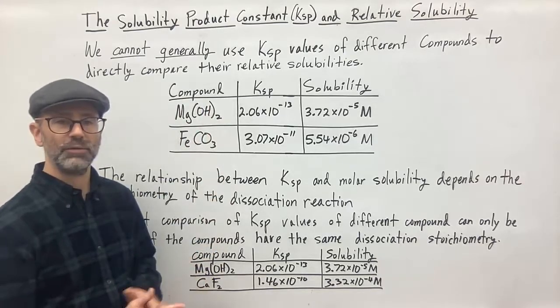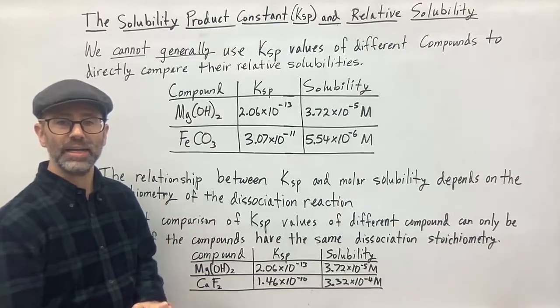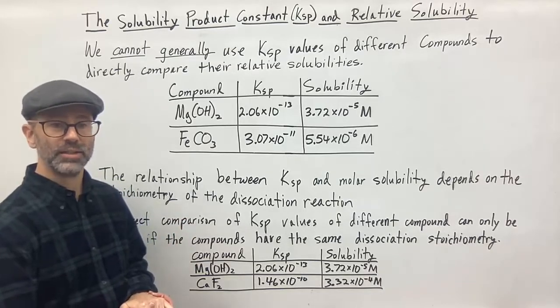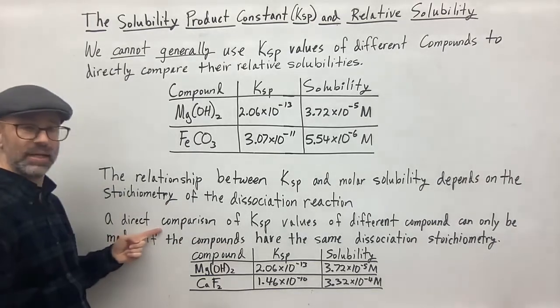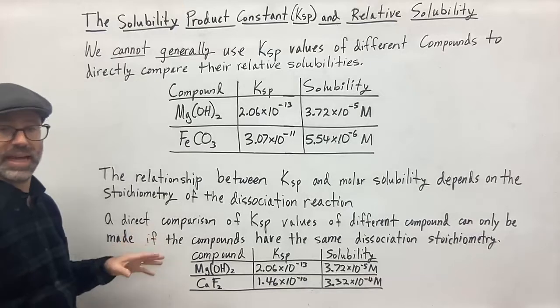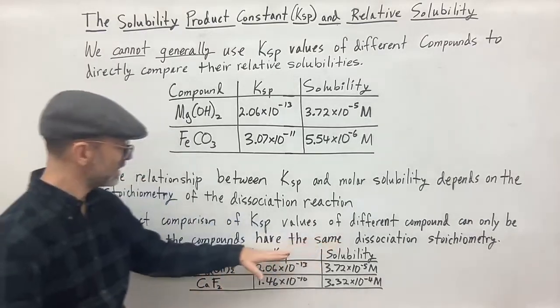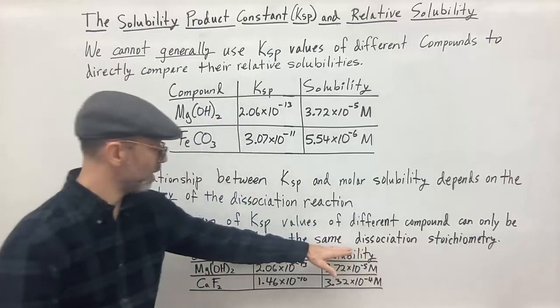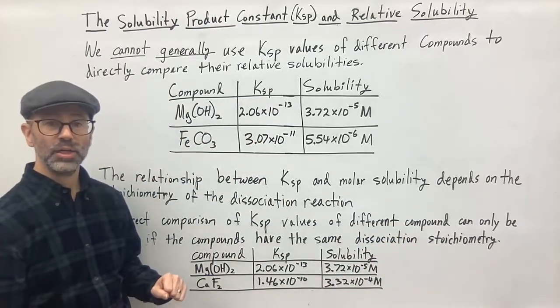So that's going to influence the solubility. So when we're trying to make a direct comparison of the KSP values, we need the same dissociation stoichiometry for each of the substances we are looking at, right?